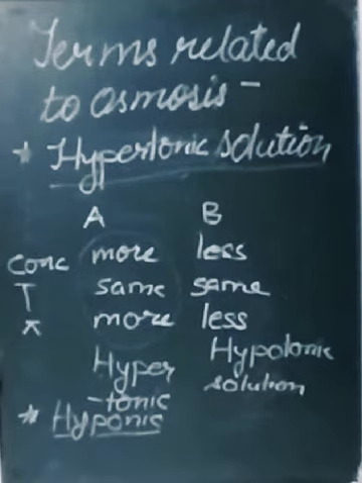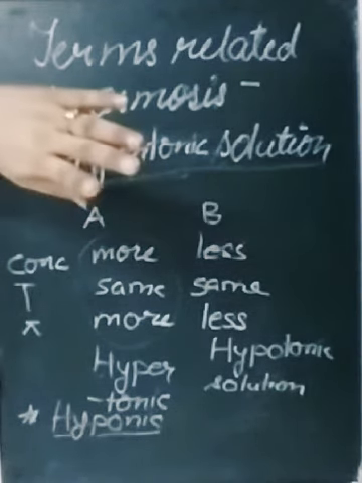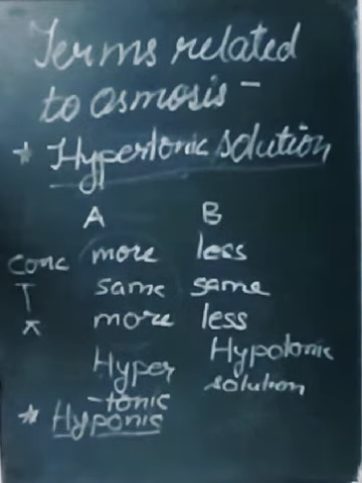Now we always used to say osmosis is the process in which solvent particles move from low solute concentration to high solute concentration through semi-permeable membrane. That means solvent particles move from hypotonic solution to hypertonic solution.